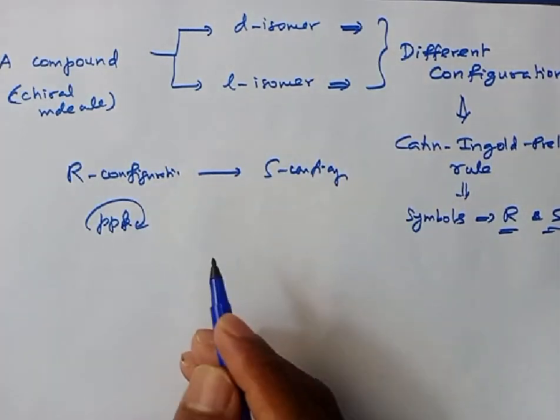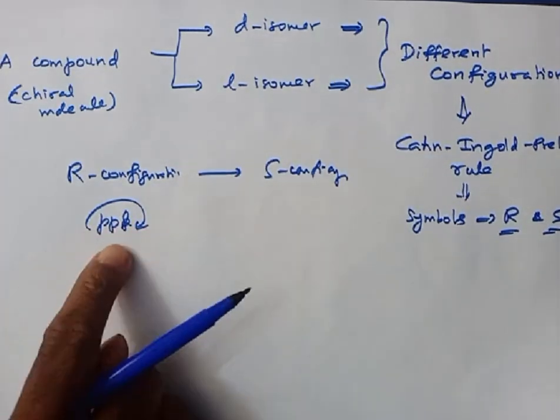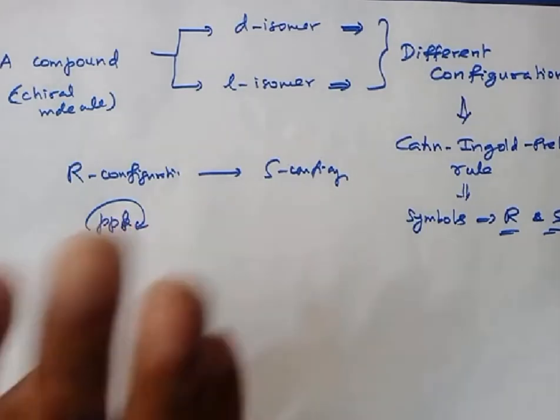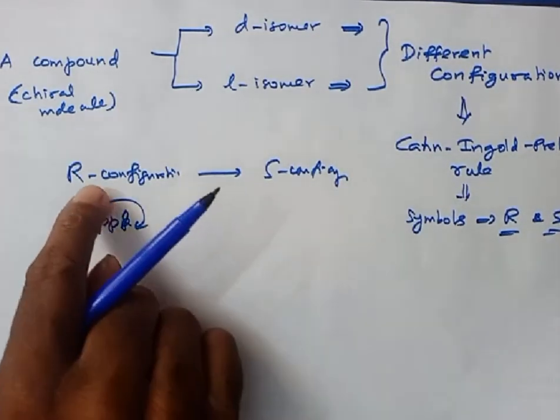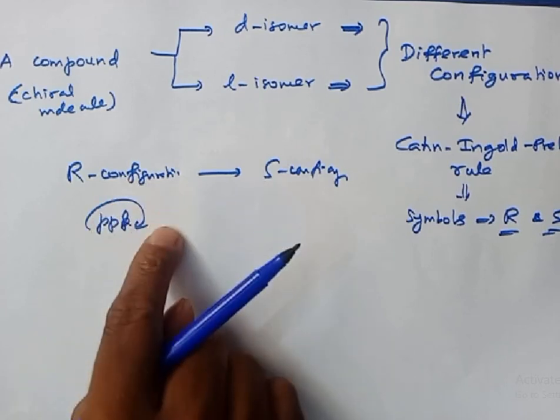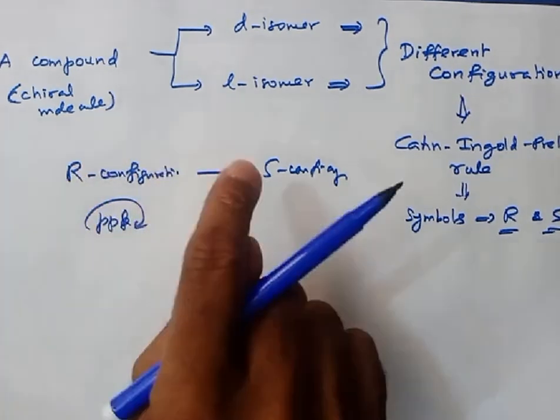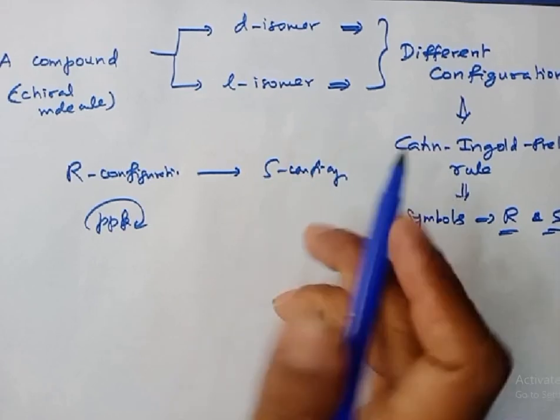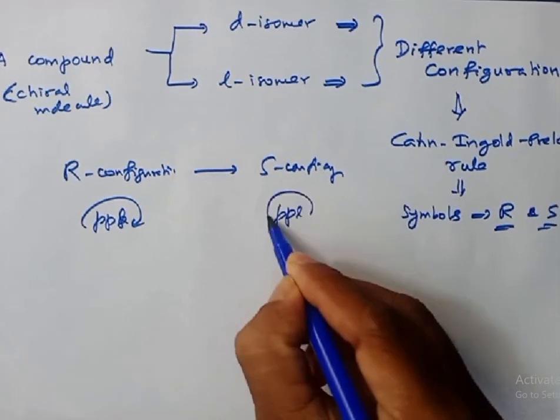It may. We cannot say whether it rotates, because optical activity is purely experimental. If the molecule having R configuration rotates plane polarized light clockwise, then for the same compound, the molecule having S configuration will rotate plane polarized light anti-clockwise.